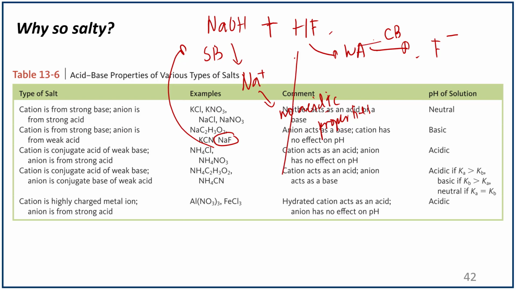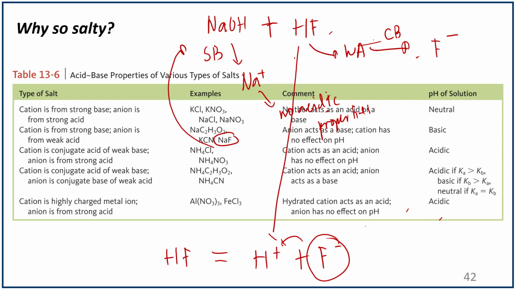It's partly the reason why hydrofluoric acid just barely dissociates into H plus and F minus, because fluorine, being an electronegative element, wants to abstract that proton, or H plus. That's why hydrofluoric acid is a weak acid and not considered a strong acid. So fluoride has basic properties, and that's what makes this salt basic. That's why salts from a strong base and a weak acid are always basic.